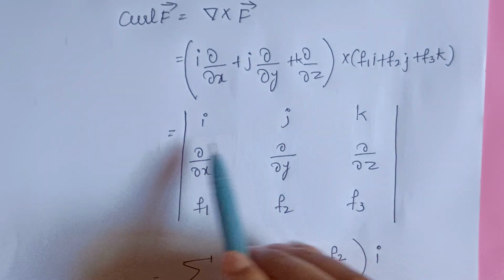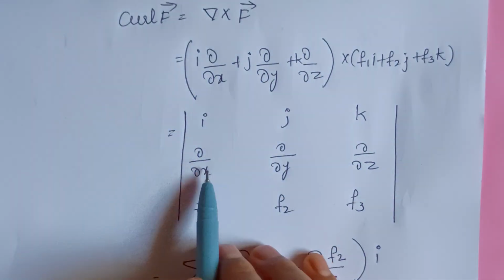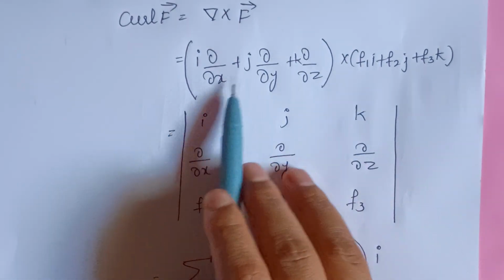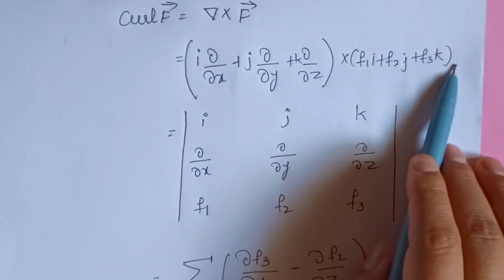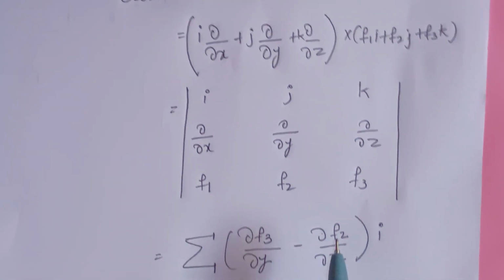Now in the determinant form we can write the unit vectors here, then all the partial differentiation, and the function f₁, f₂, f₃ in the other row. I hope I'm clear.